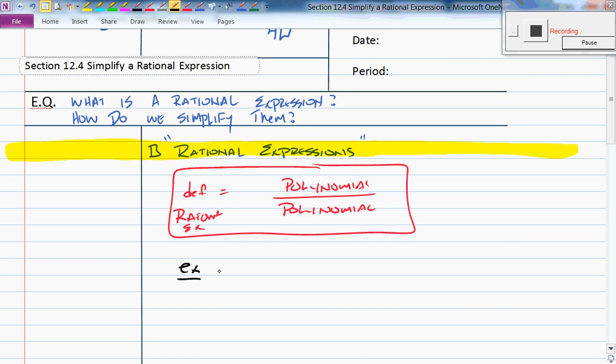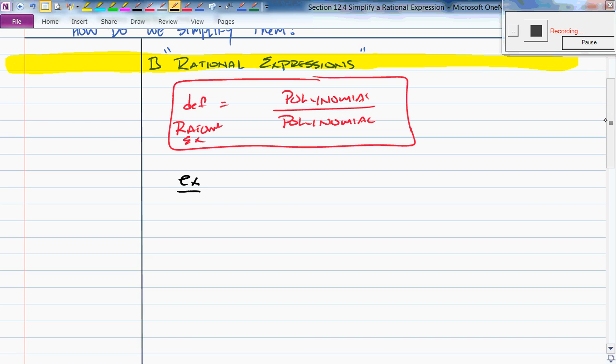Give me any polynomial over another polynomial. Just yell it out. X plus 8 over x plus 12. Is that a rational expression? Yes, it is, because I have an x plus 8 over an x plus 12. Check. I agree.